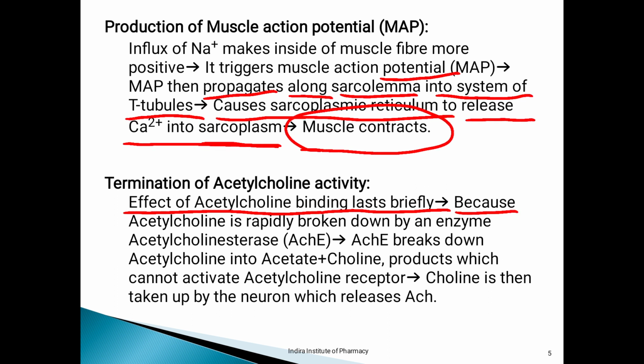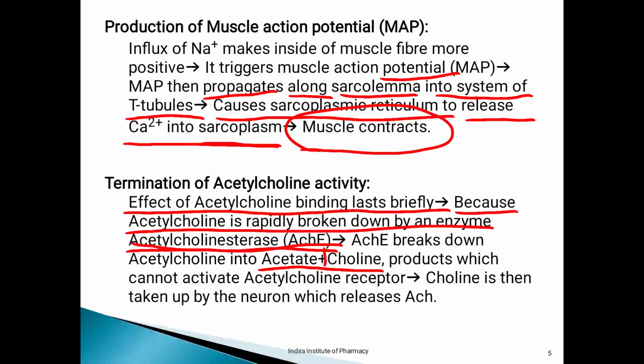Because acetylcholine is rapidly broken down by the enzyme acetylcholine esterase. So acetylcholine is broken down by this enzyme into acetate and choline.